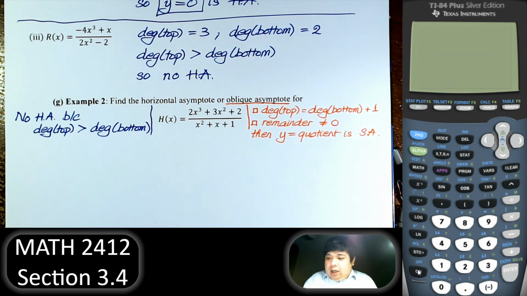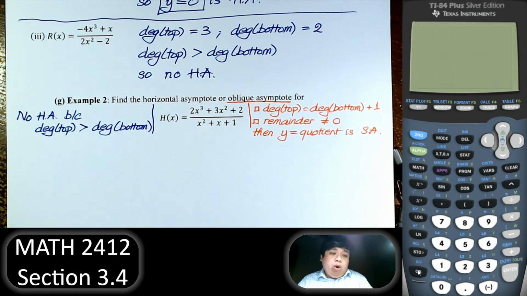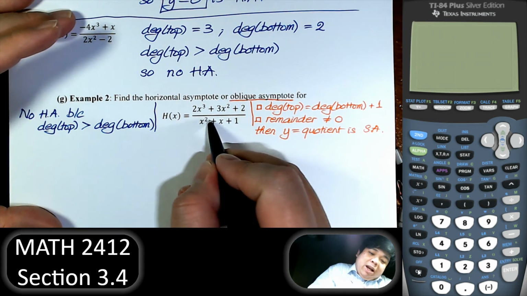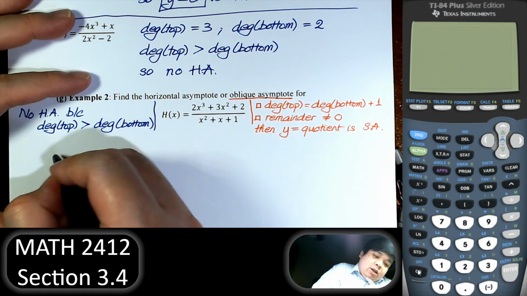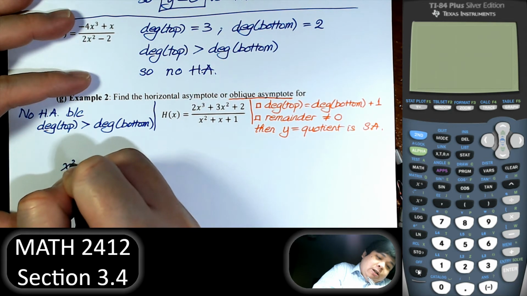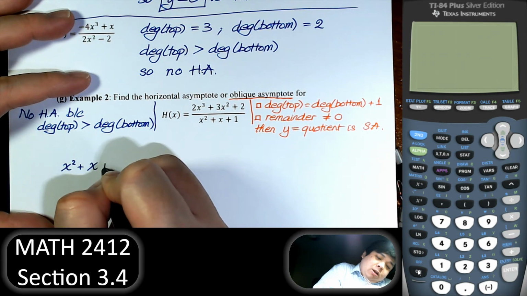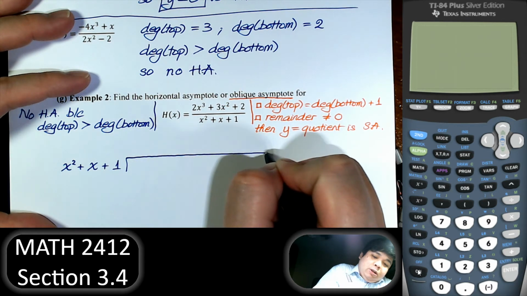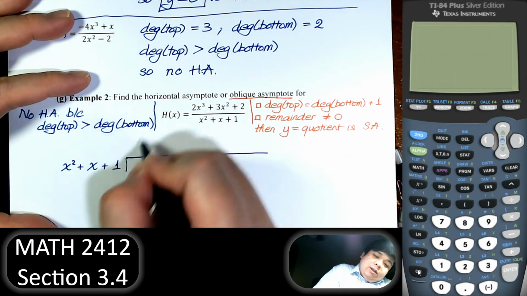So in that case, we have to divide them. For polynomials, we have to use long division, there's no other way around. We're going to have x squared plus x plus 1 divide into that.